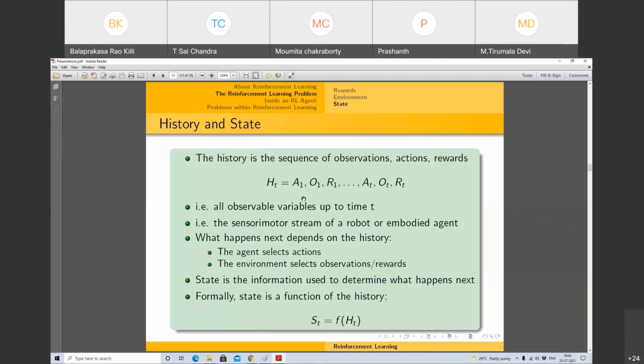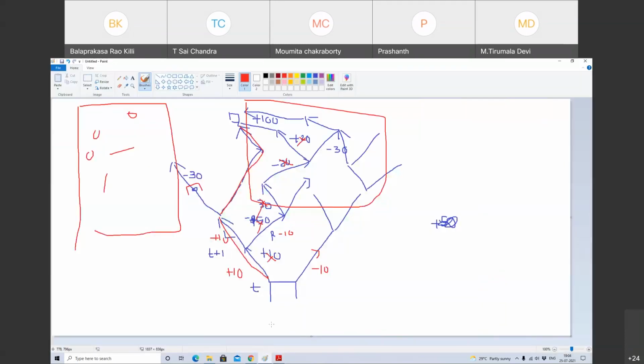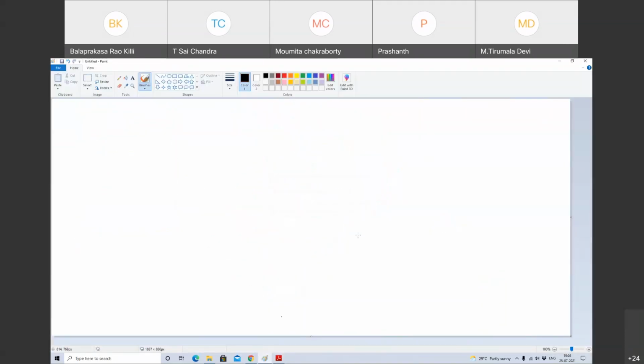If you take examples, which I have not covered many of, like an autonomous car, an autonomous driving vehicle.